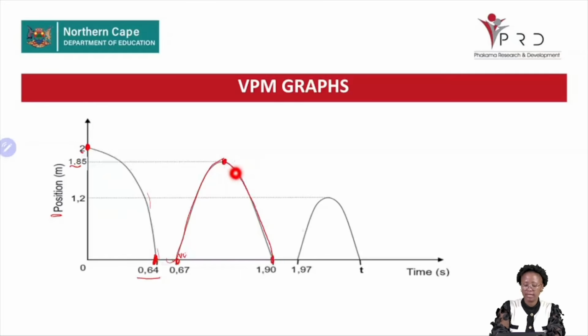The difference between 1.90 and 1.97, which is 0.07, is the time taken for the ball to be in contact with the ground after the second bounce. So this is the second bounce, and then it reaches the third height, which is the final height, that 1.2 meters before it goes to the ground again.